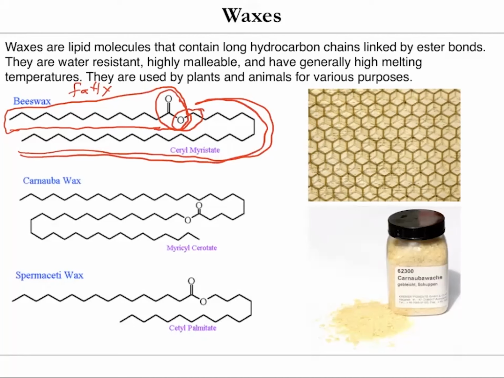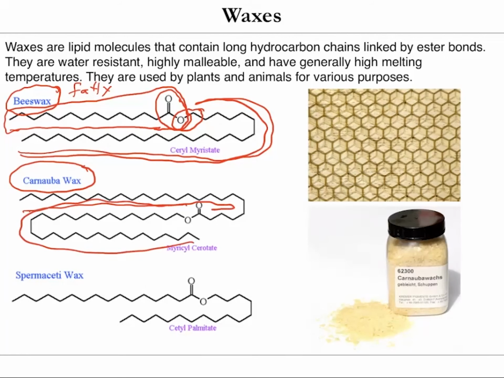So this makes a lot of different types of waxes based on how long those hydrocarbon chains are. So we have beeswax right here. Then we have Carnauba wax, which is a really important wax from plants. And so you can see it has a longer hydrocarbon chain and then a longer hydrocarbon chain.